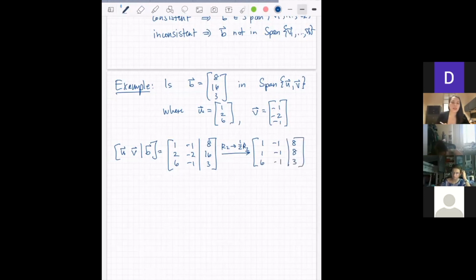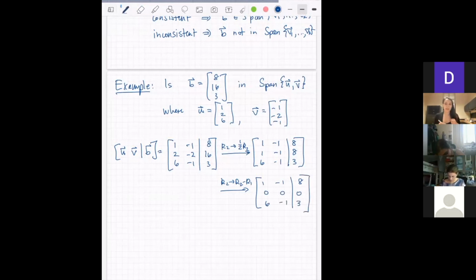And then it's clear that your first row and your second row are exactly the same, right? So if you take row 2 minus row 1, that will eliminate that second row. So we'll get zeros there.